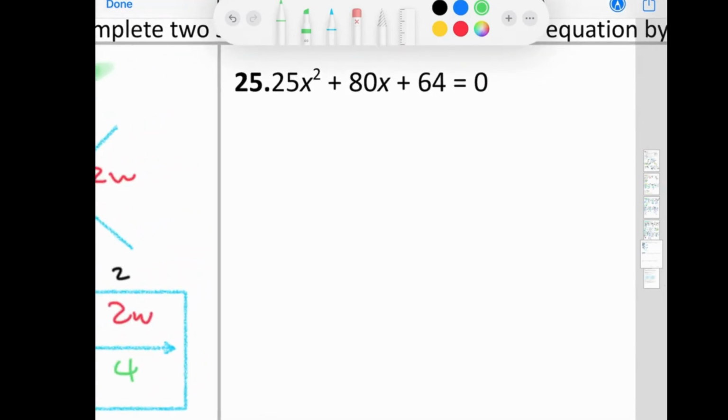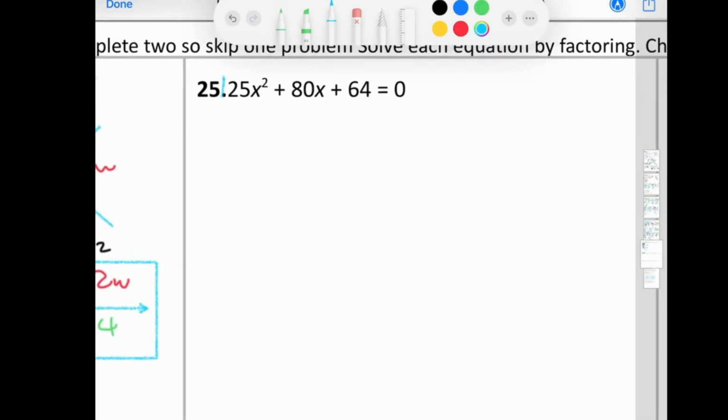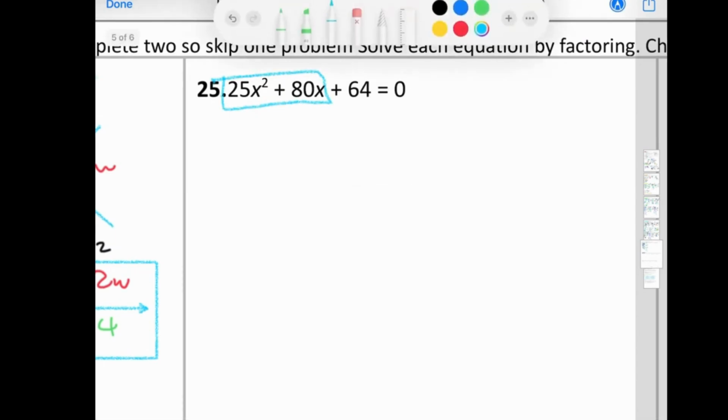Okay, greatest common factor now, set equal to 0. Let's see if we can do our chunking method. You guys see something in there? Just take the first one and really take the square root of it if you think about it. Well, if I want them to be 5x's, this is going to be 16.